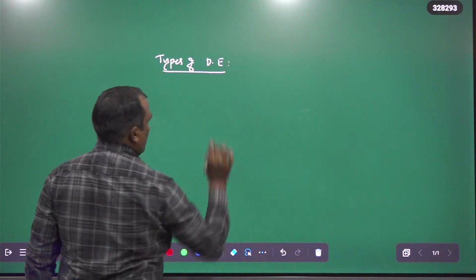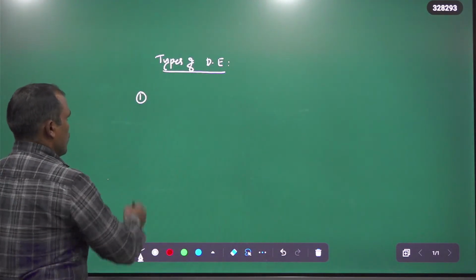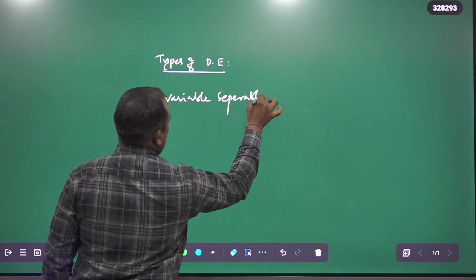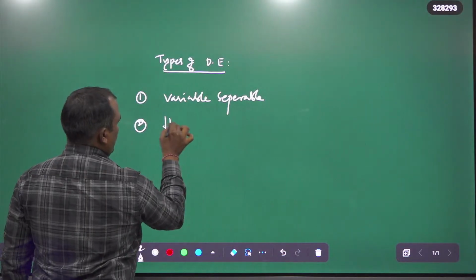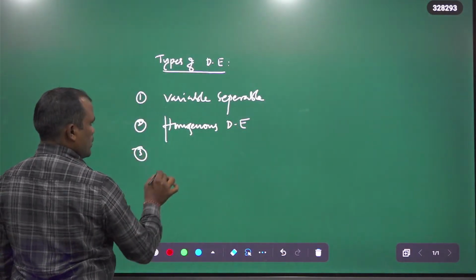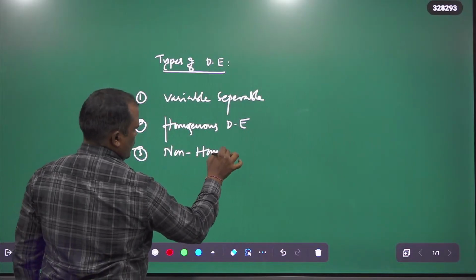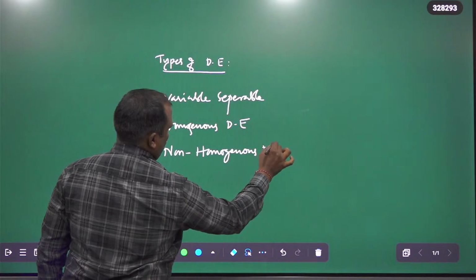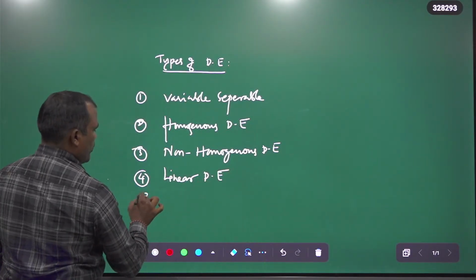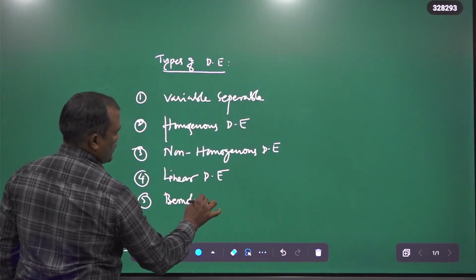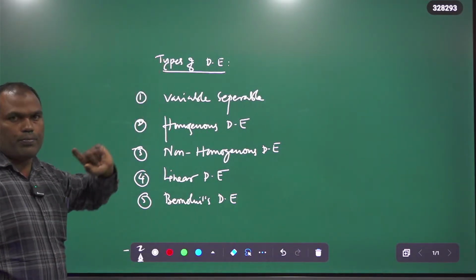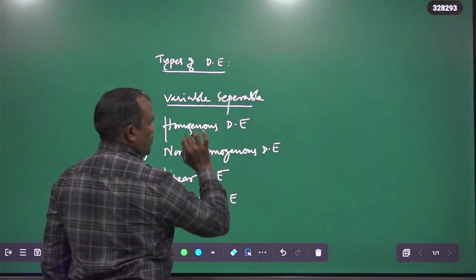First one is variable separable, second one is homogeneous differential equations, third one is non-homogeneous differential equations, fourth one is linear differential equations, and fifth one is Bernoulli's differential equations.